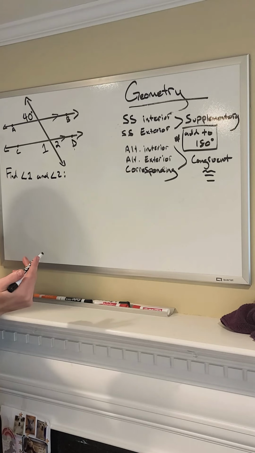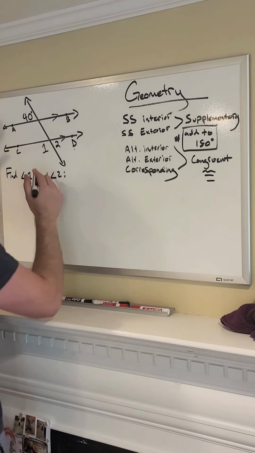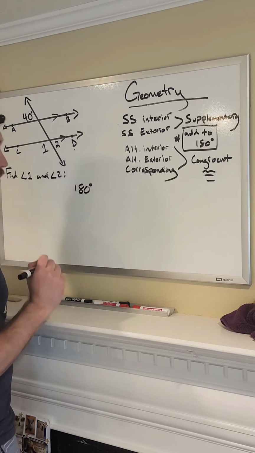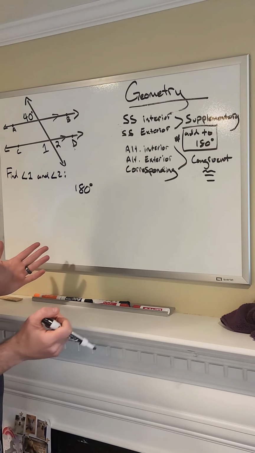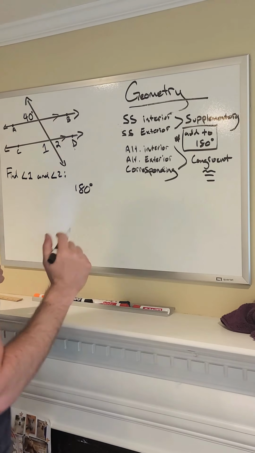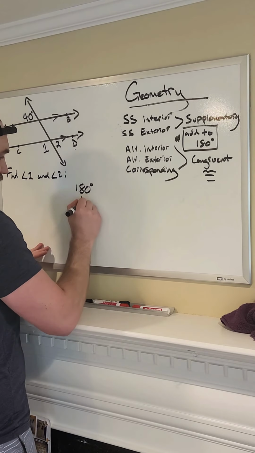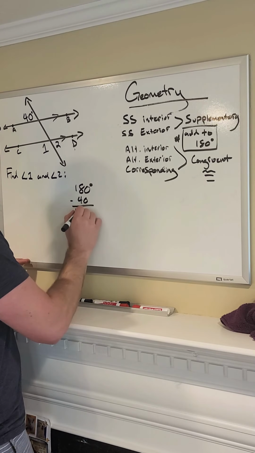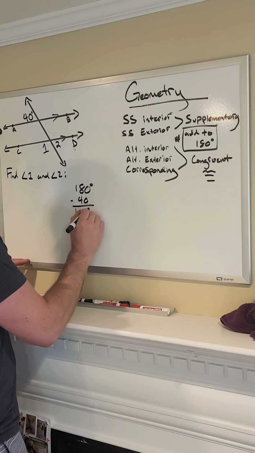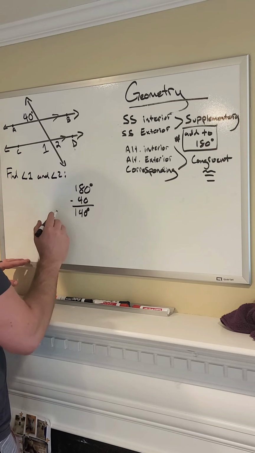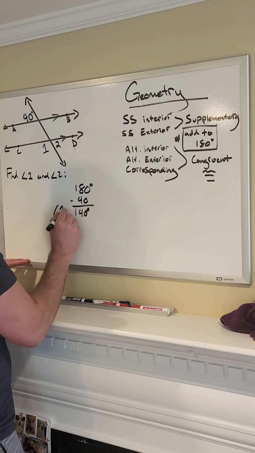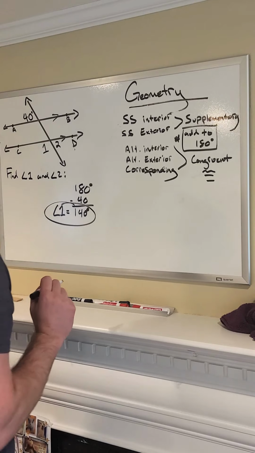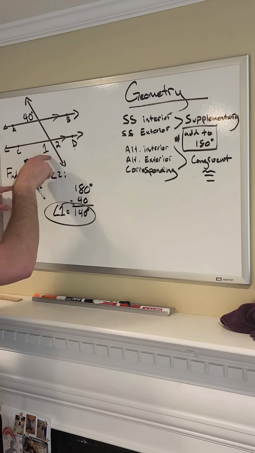So 180 degrees is the total they have to add up to be supplementary, and I have 40 degrees of it already. I subtract 40 from 180 and get 140. So angle 1 is equal to 140 degrees, okay? We'll circle that.